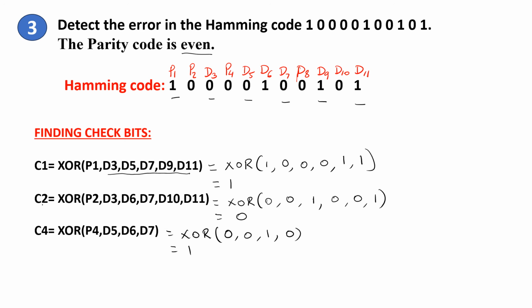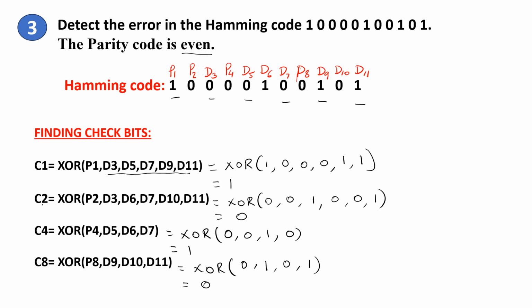Next is C8. So that is equal to XOR of P8 is 0, D9 is 1, D10 is 0, D11 is 1. So even number of 1s, so the output is 0.